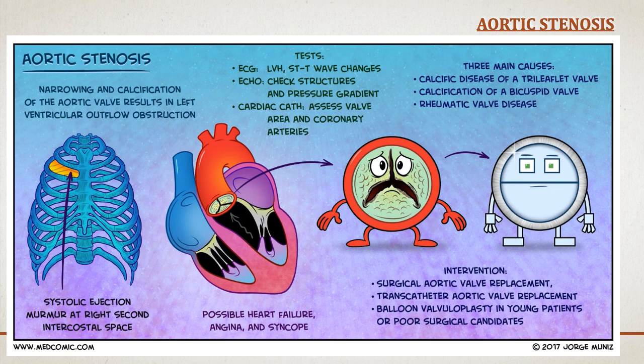Now, the causes can be calcification or rheumatic fever, as we've already discussed. What does our patient present with? Well, they may have possible heart failure, they may have some angina, or they can even have syncope as a result of the aortic stenosis.